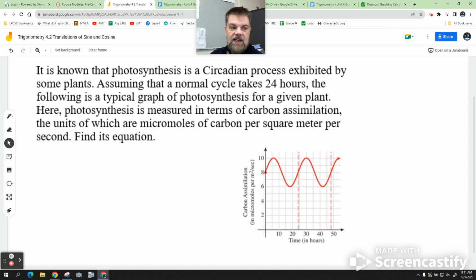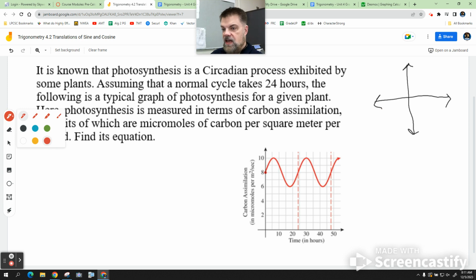So I know, just looking at this, that if I had to pick a function that's similar to this, I know that sine starts at the origin and is sinusoidal and kind of does one of these things, right?